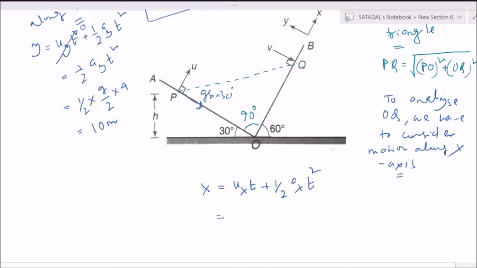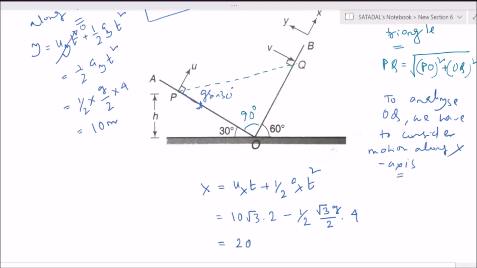Now check, ux is 10 root 3 into 2 minus half into ax. Ax is root 3 g by 2, na? Into 4. Is that okay? No doubt, na? Correct?